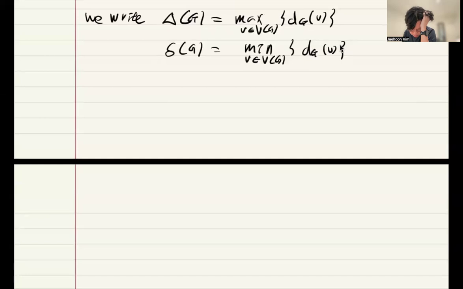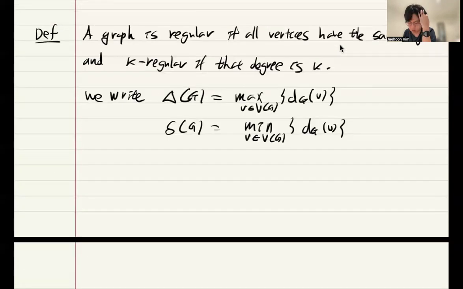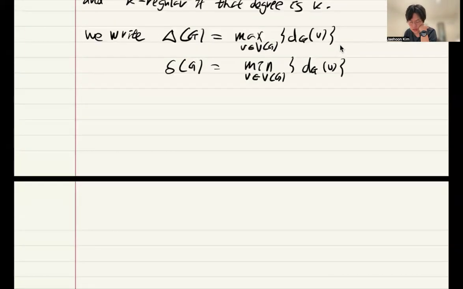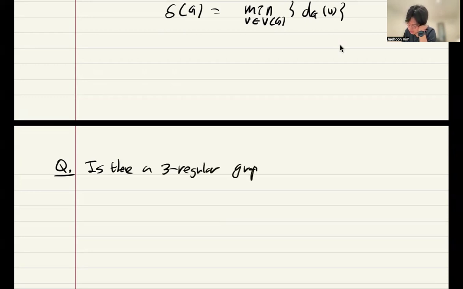And maybe we prove one simple statement regarding the degrees, which will be useful later to prove other things. We can ask a simple question: is there a 3-regular graph on 7 vertices?